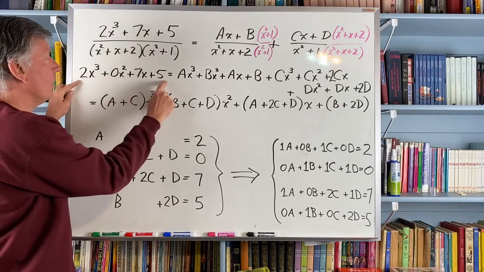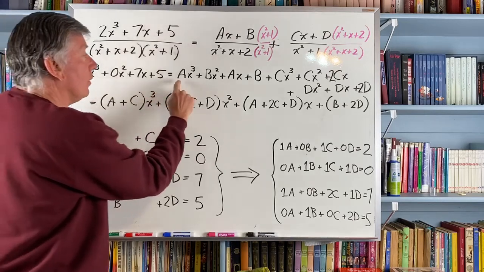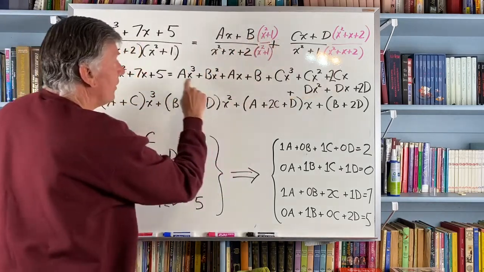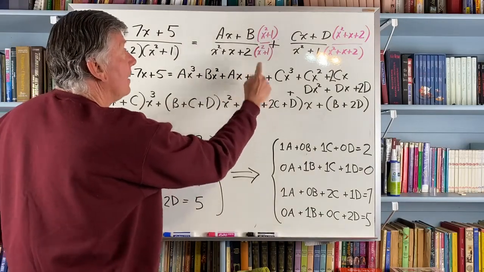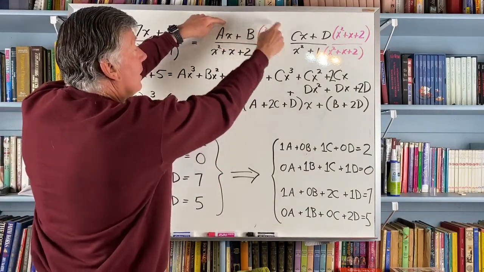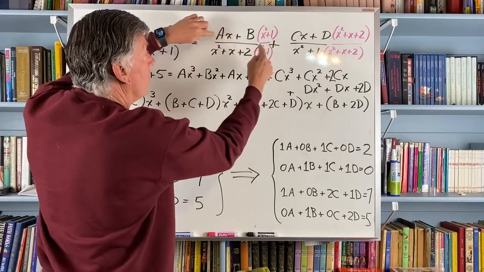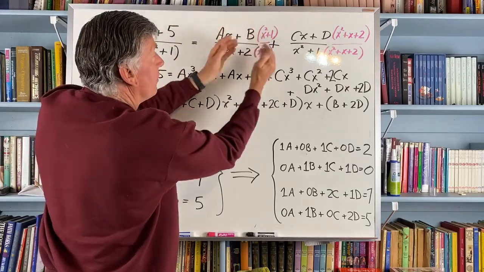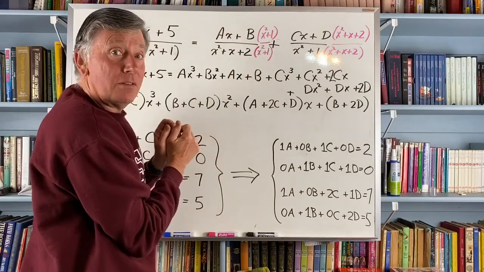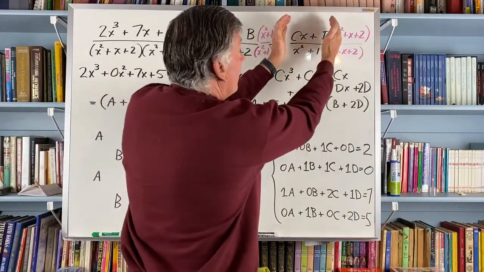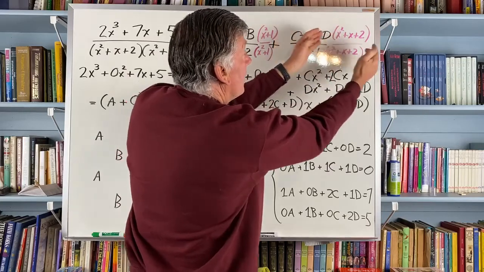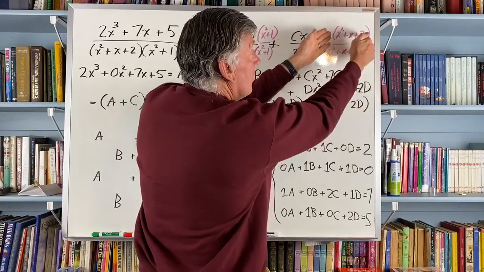So I have this here is equal to, and when I expand all of this out, I get ax cubed plus bx squared plus ax plus b. I'm basically foiling this term, ax plus b, times x squared plus 1. And then all of these terms are basically foiling cx plus d times x squared plus x plus 2.